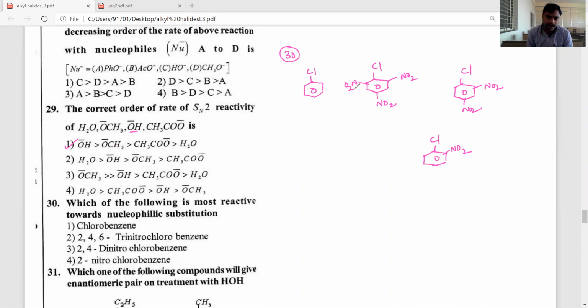Among these, we have to identify which is more reactive towards nucleophilic substitution reactions.